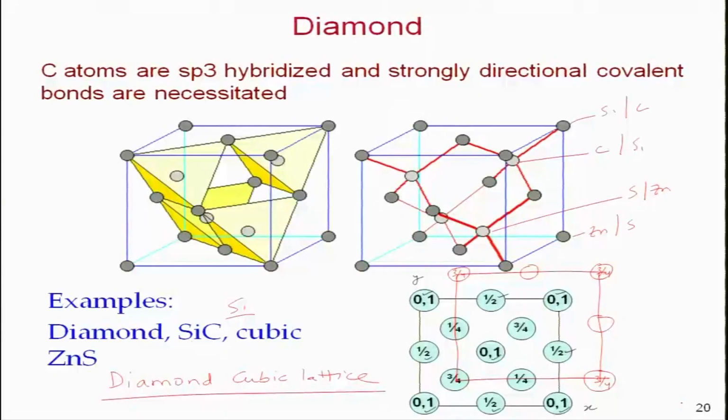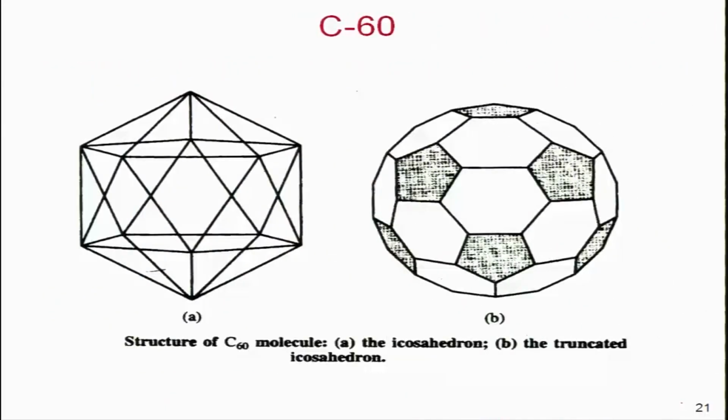Alright, this is the structure of diamond. This is the structure of another covalent material called C60, which is the fullerene buckyball kind of structure. So it has a football shaped structure where carbon atoms are arranged in such a fashion so that you see these truncated hexagons and pentagons arranged.